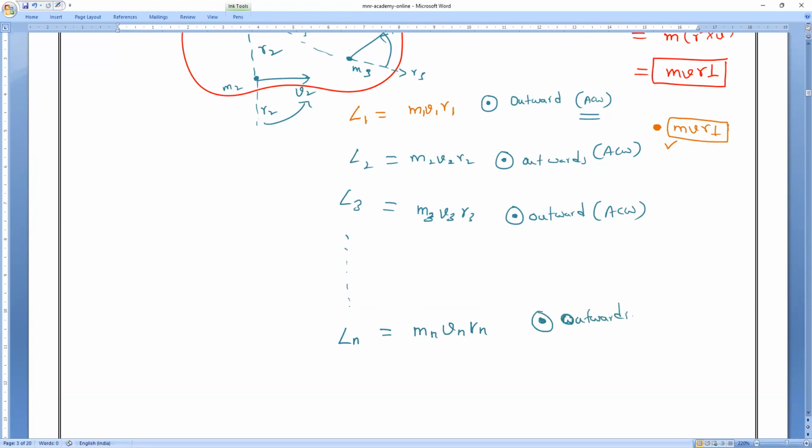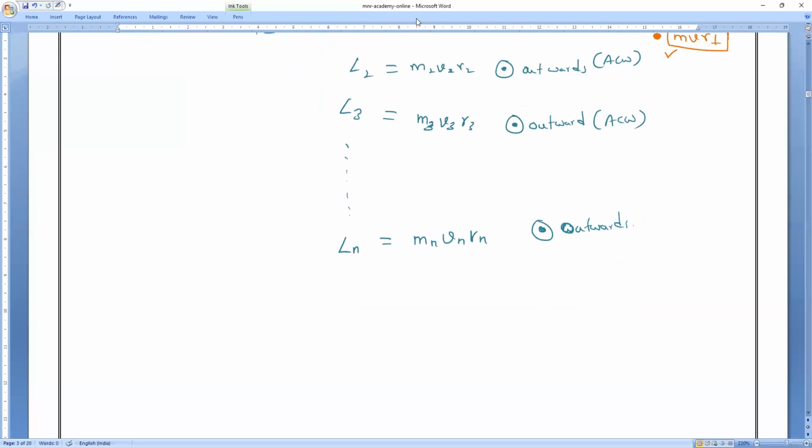So now we want the total angular momentum, because it is for the total body, not for a particular particle. Total angular momentum means we will add it. Net angular momentum is equal to L1, it is a vector quantity, plus L2 plus L3, and so on, up to Ln. Clear, everybody?